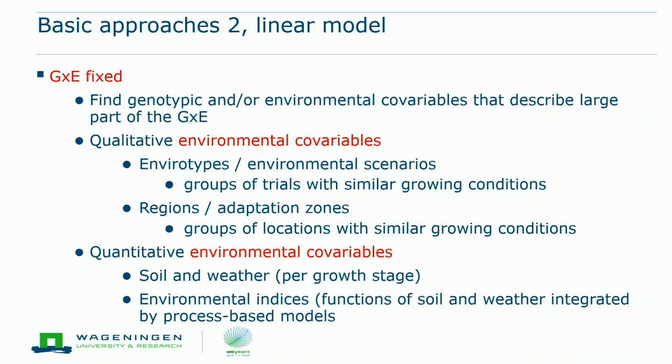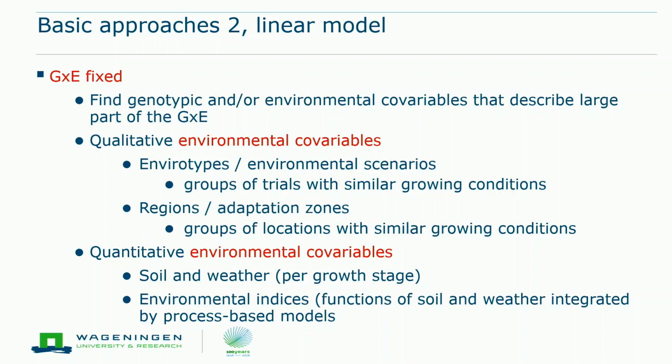And if you do the same for the environments, it's not so difficult to think that the environments might be grouped on the kind of phenotype they induce. So they can be grouped in terms of their dominant stresses. Nowadays we know there's a lot of work on envirotyping, environmental scenarios, adaptation zones, and during this conference a lot of that will be shown.